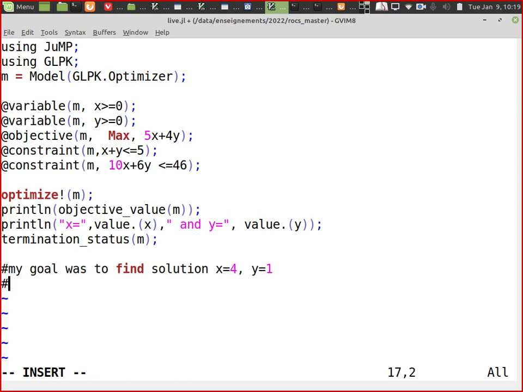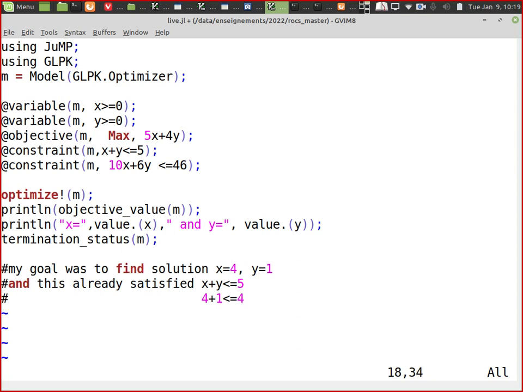And this already satisfies x plus y less than 5. We don't need to touch this because I have 4 plus 1 less than 5.